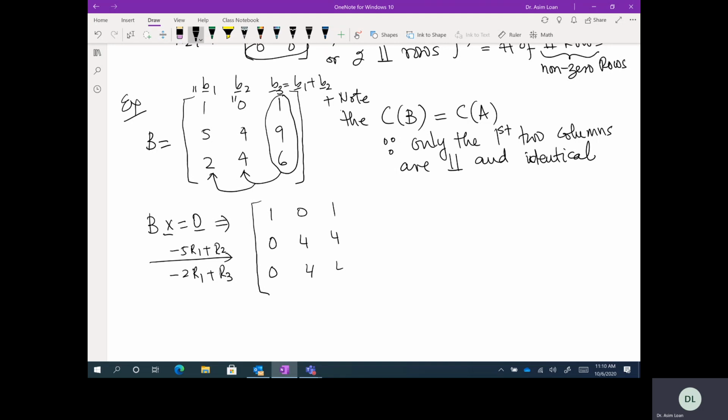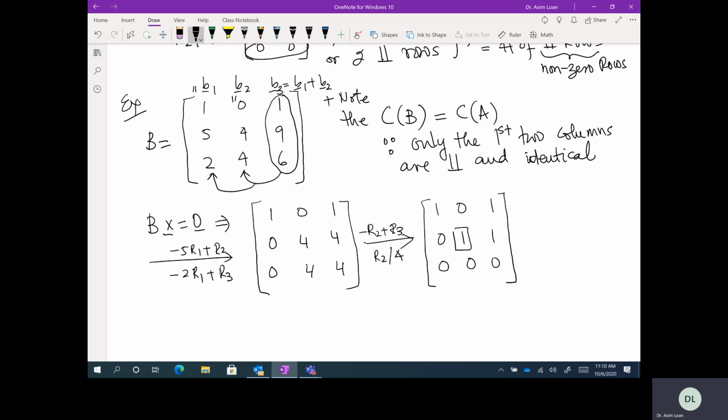Minus 2 plus 6 is 4. And then I do minus row 2 plus row 3, and then I divide by row 2. So this is 1, 0, 1. This is 0, 4, 4. This is 0, minus 4 plus 4, 0, 0. And then I do row 2 by 4, so this becomes 1 and 1.